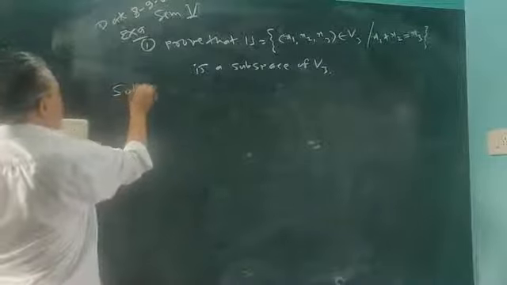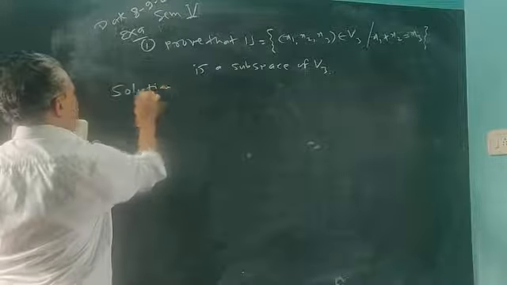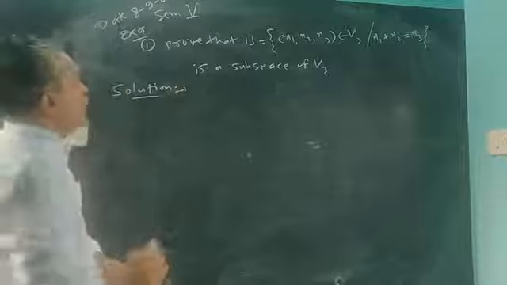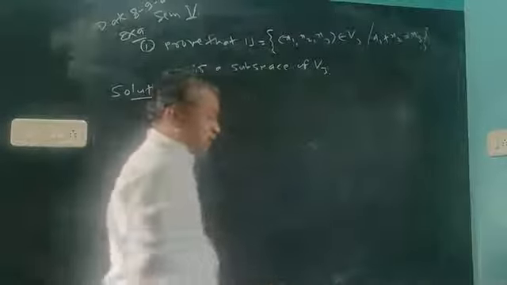So subspace again. V3 is the three-dimensional vector space.